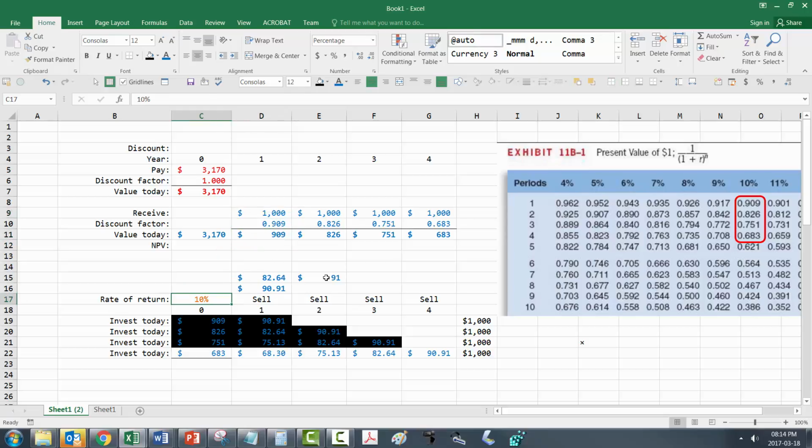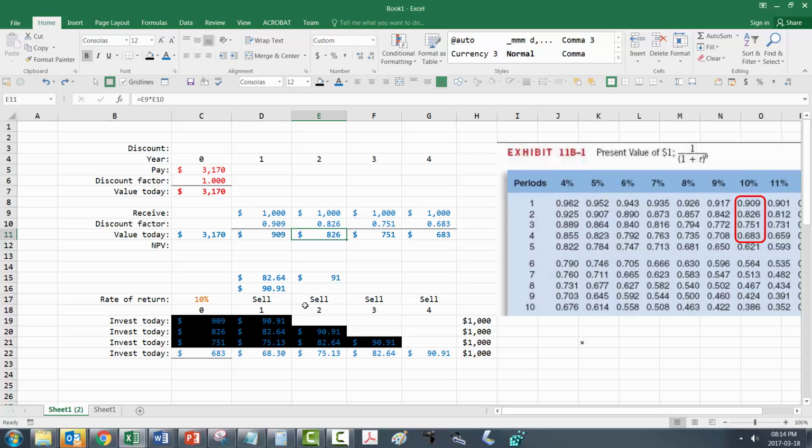If I suspect the rate of return is only 7, well, that's going to change my discount factors and everything else. But we'll keep it at 10% because that's part of the problem in the book. $909, that's what $1,000 is worth to me today because I can invest that, cash out after 1 year, and have $1,000. What is $1,000 received 2 years in the future worth to me today?